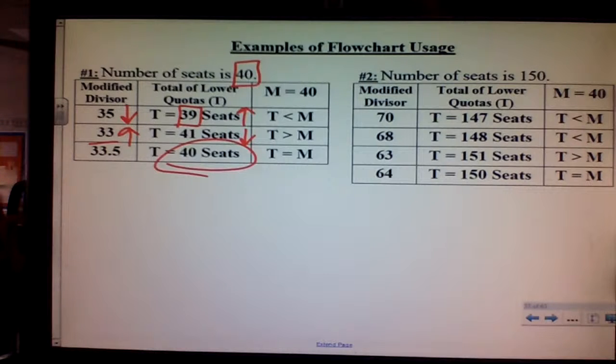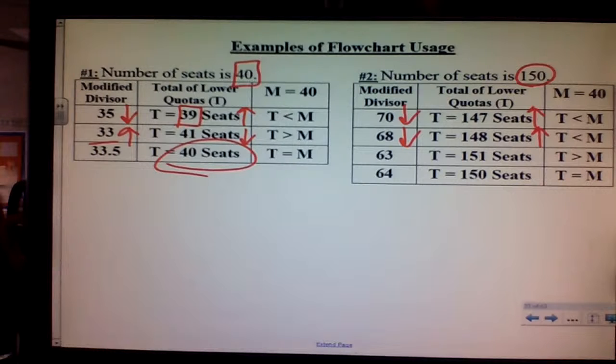Again, my goal here was 150. When I used 70, it was too low. This needed to go up, so I went down. I still got too low, so I needed to go even farther down.